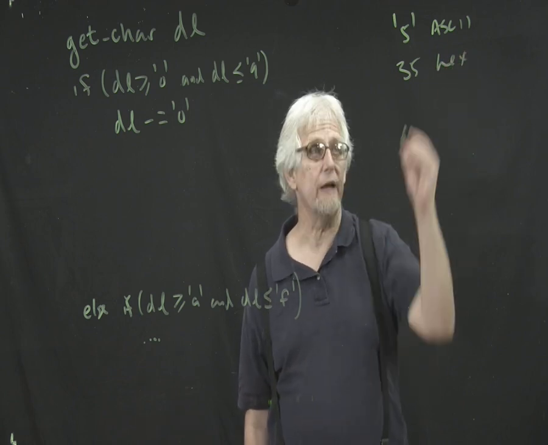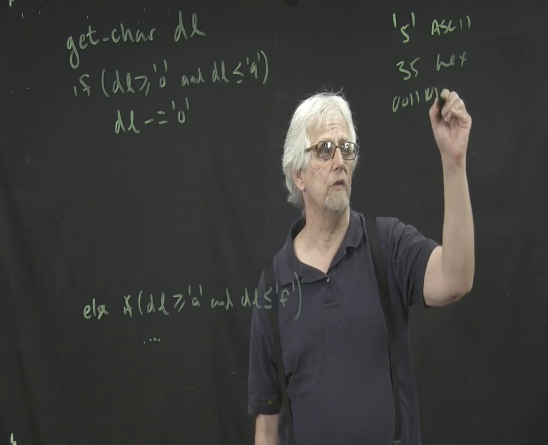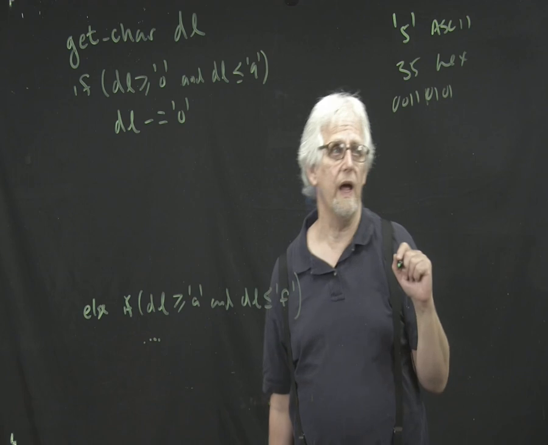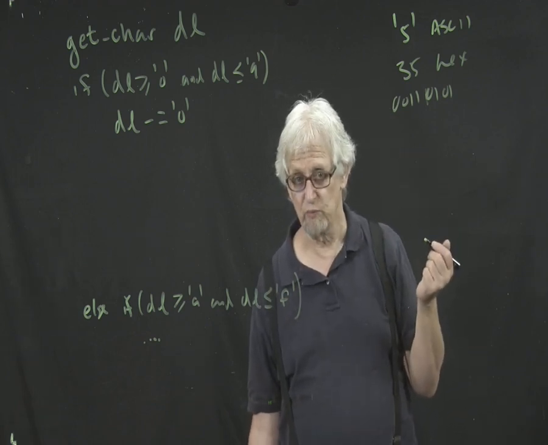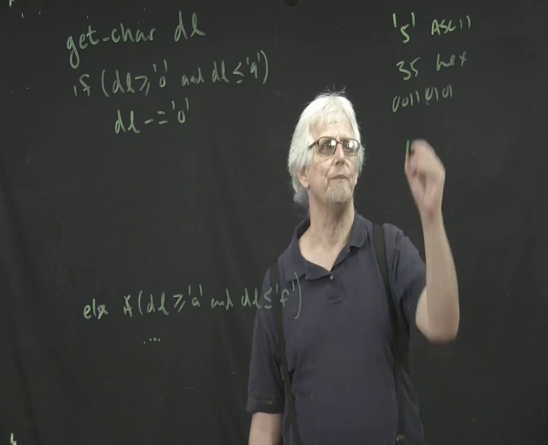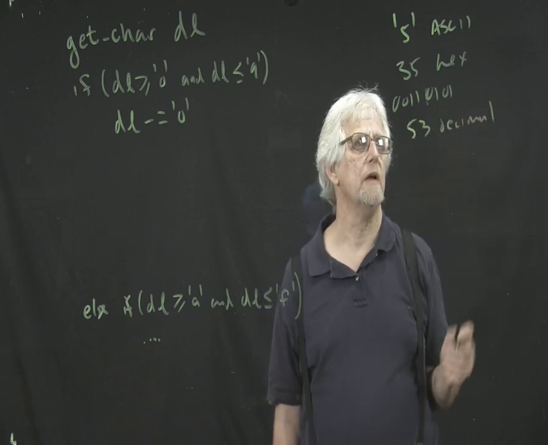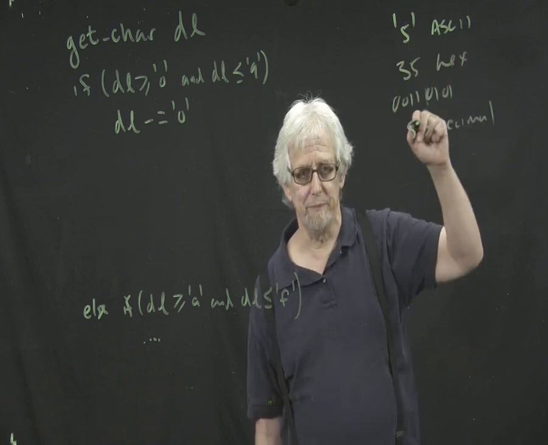In binary, that will be 00110101. Okay? And in decimal, it's what? It's 53. So all of these are the same.